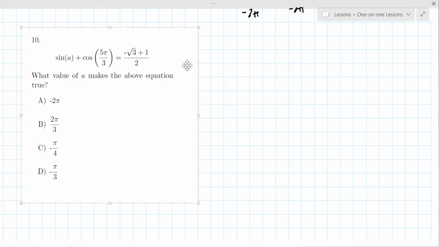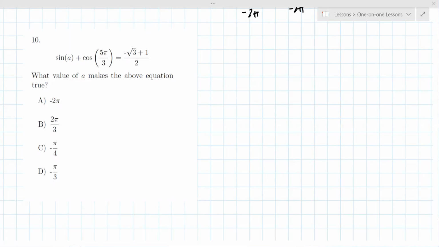Wait, because we subtract 2 pi, which is 6 pi, it's negative pi. Are you asking me, or do you want to know if you've got the final answer? You can find cosine 5 pi over 3 on your unit circle. Oh, right. It's 1/2.